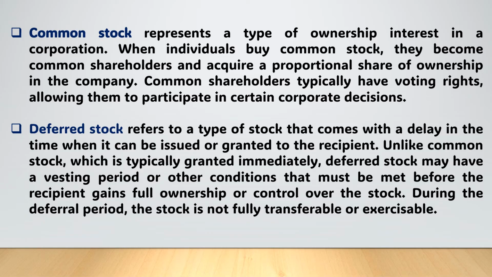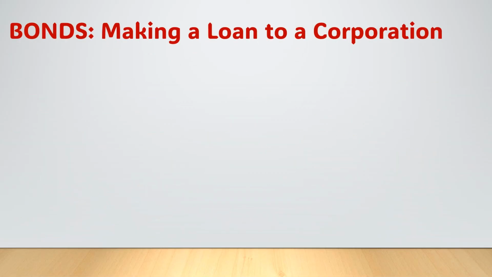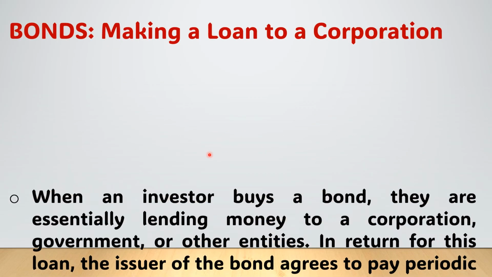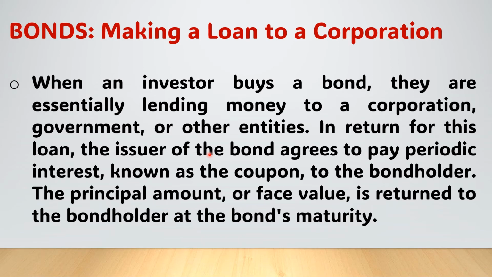Okay? Now, let's proceed to the bond. So, pag sinabi naman nating bonds, making a loan to a corporation. When an investor buys a bond, they are essentially lending money to a corporation, government, or other entities. In return for this loan, the issuer of the bond agrees to pay periodic interest, known as the coupon, to the bondholder.